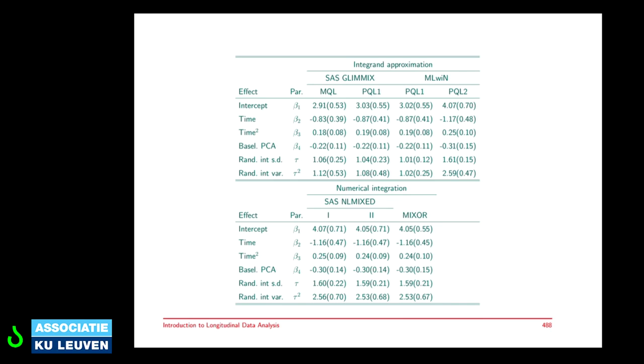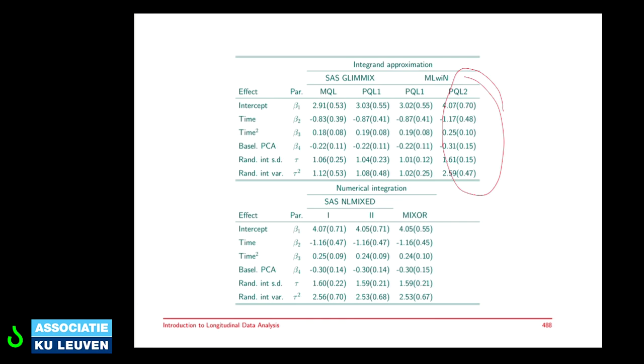Okay, so first the integrand approximation, MQL and PQL. Also here, you see that the difference is not dramatic, but noticeable. And you see that especially if you look at PQL2 here under MLwiN, those estimates are considerably different. Again, not as dramatic as in the toenail data set, but they are different.